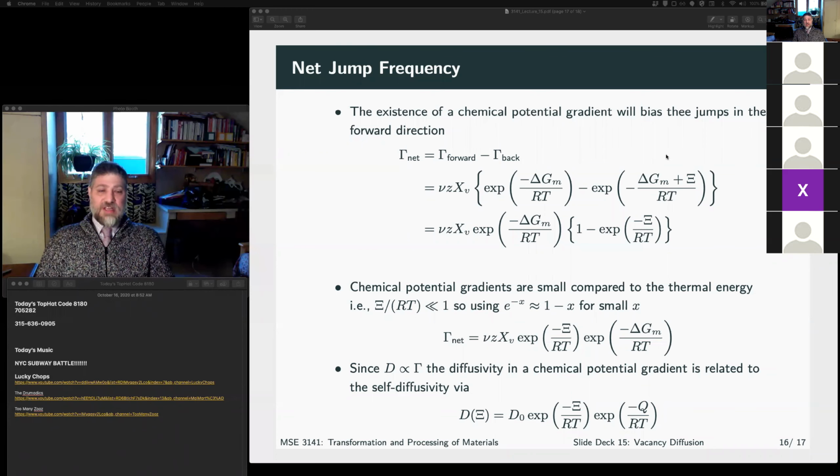Since the vacancy is approximately charge neutral, the time scales are far enough separated that the electronic conduction is not going to affect diffusion, right? But that's very much a first order approximation, okay?